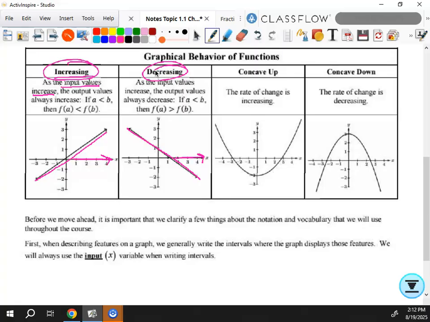Both of these say always increase or always decrease. That's because these are linear. When I get to this one, we'll get to concavity in a minute, but this function is decreasing, then it's increasing. So it obviously can change. It's not like it's always an always thing. Increasing and decreasing make sense? Can I identify those?